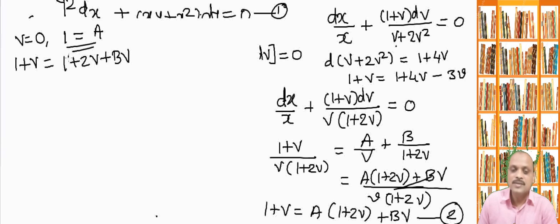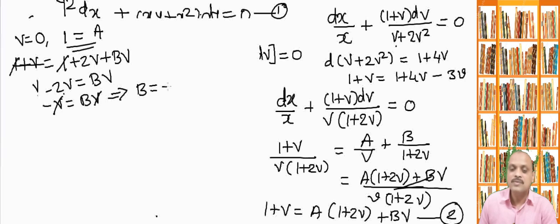This one and this one will get cancelled. v into this minus 2v equal to b into v, so v minus 2v minus v equal to b into v.